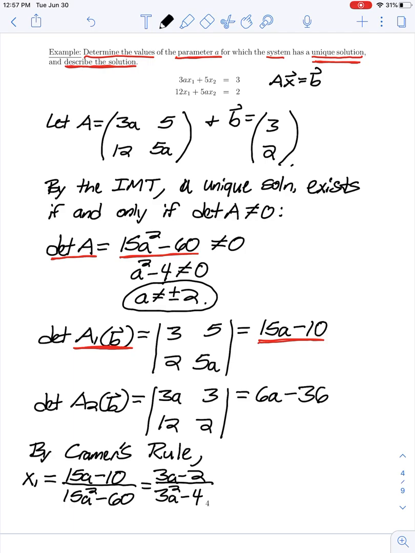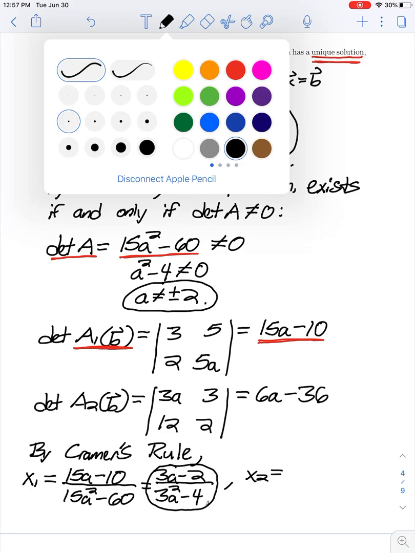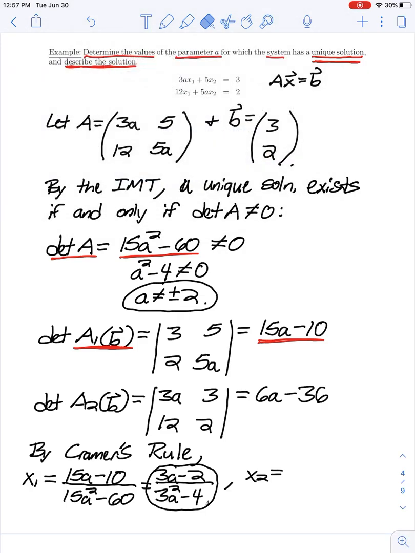So as long as A is not equal to plus or minus 2, we have a solution defined this way: 3A minus 2 over 3A squared minus 12 for x1.